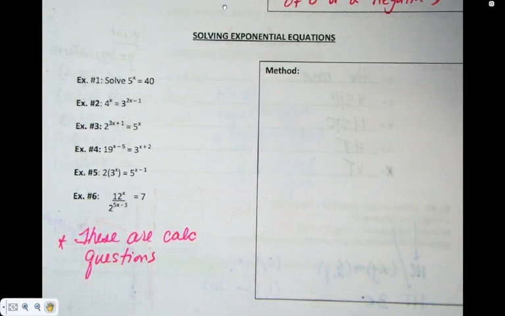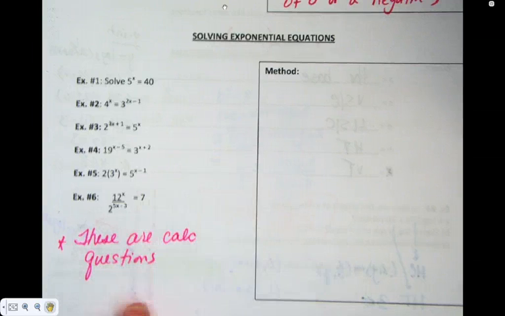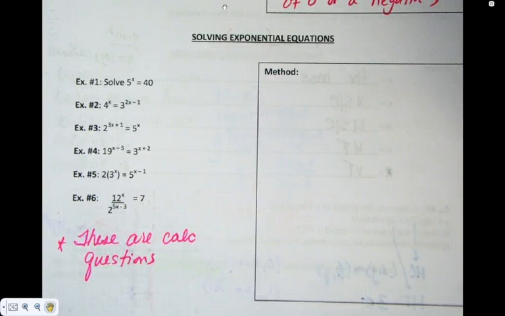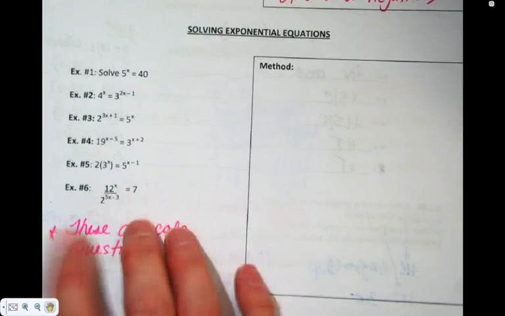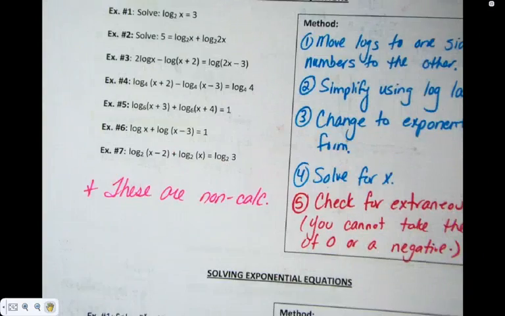How do you recognize the difference? Well, a log equation has a log in it. An exponential equation has exponents. Exponentials are always calculator. Log equations are non-calc. So if it's got a log in it, it's going to be a non-calc question. An exponential equation will always appear on the first part of the exam. These will typically appear on the second part of the exam.